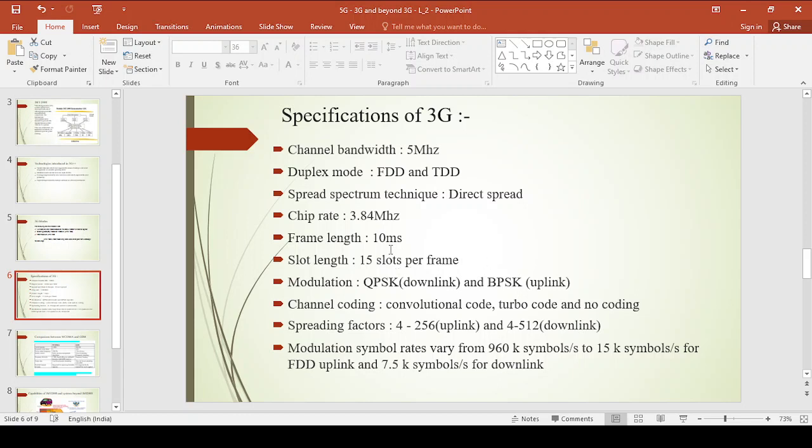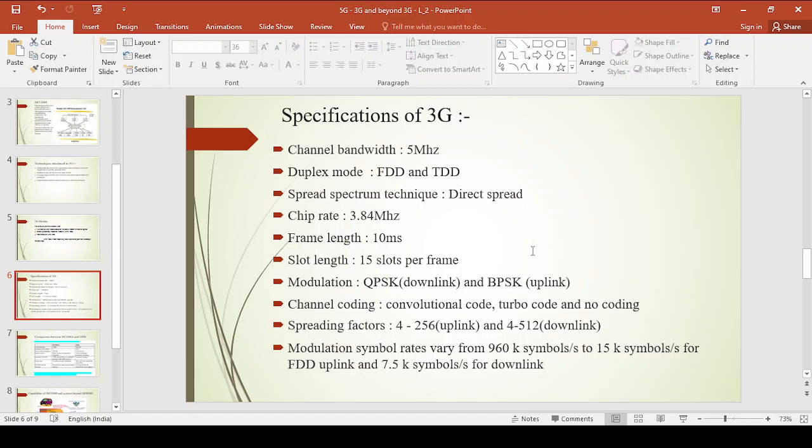That means for every frame you have 15 slots, and each slot has 666 microseconds length.